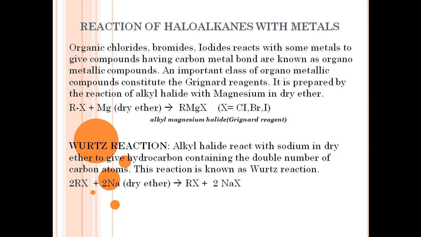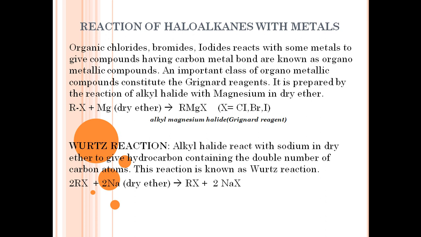An important class of organometallic compounds constitutes the Grignard reagents. It is prepared by the reaction of alkyl halide with magnesium metal in dry ether. RX plus Mg in dry ether gives RMgX. Here X may be chlorine, bromine or iodine. Alkyl magnesium halide is known as Grignard reagent.